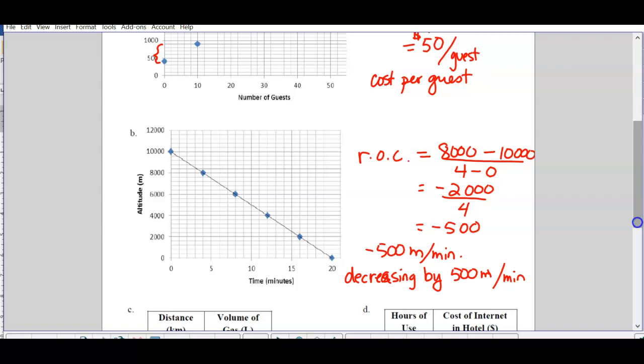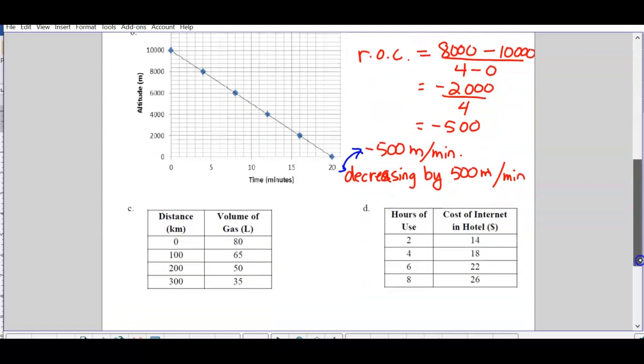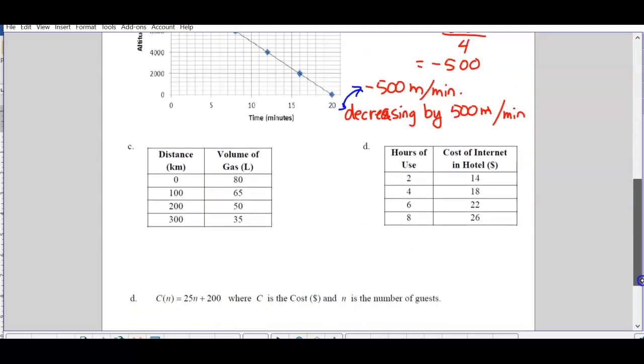So the negative and the decreasing mean the same thing. Whatever it is, it's getting closer to the ground over time at a constant rate.